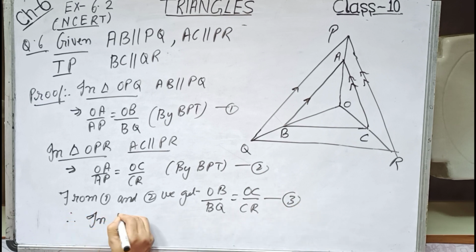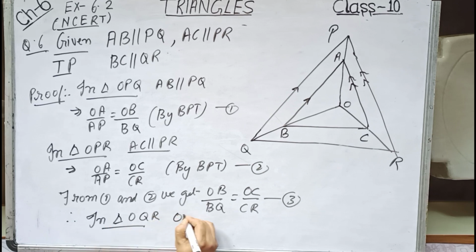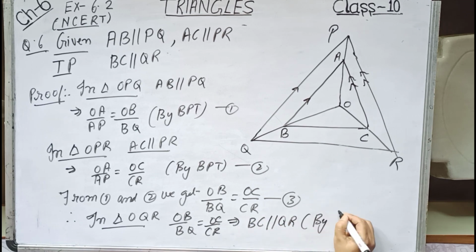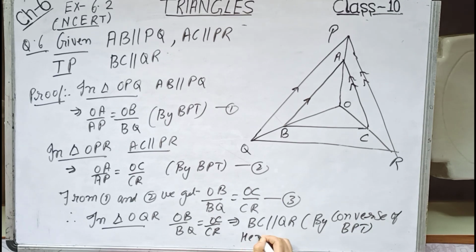Therefore, in triangle OQR, OB by BQ equals OC by CR implies BC parallel to QR by converse of BPT, and hence proved.